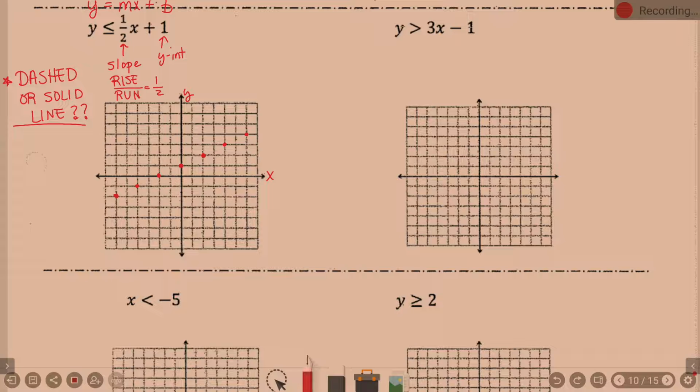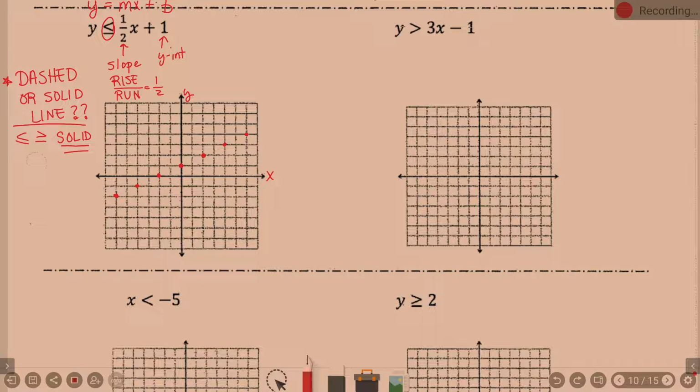We have this less than or equal to. The key is, anytime you have less than or equal to, or greater than or equal to, when you see that equal to part there, it's going to be a solid line.